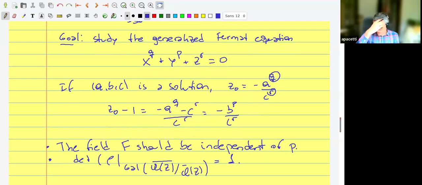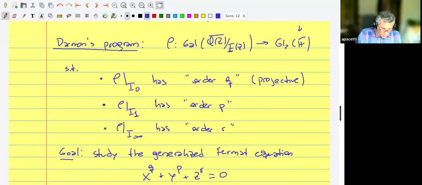When you restrict to the geometric part. So let me just give you a hint of what's going on here.